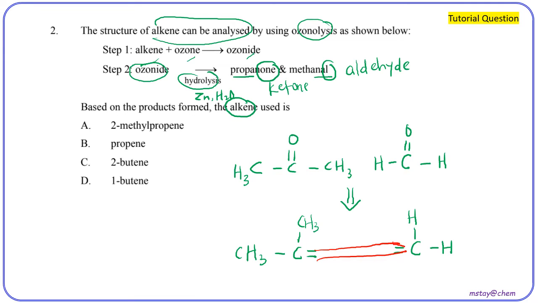When you look at here, 1, 2, 3 carbons, and then here is the methyl. So it will be 2-methylpropene. The answer is A. It's that simple, just like mix and match only, right?